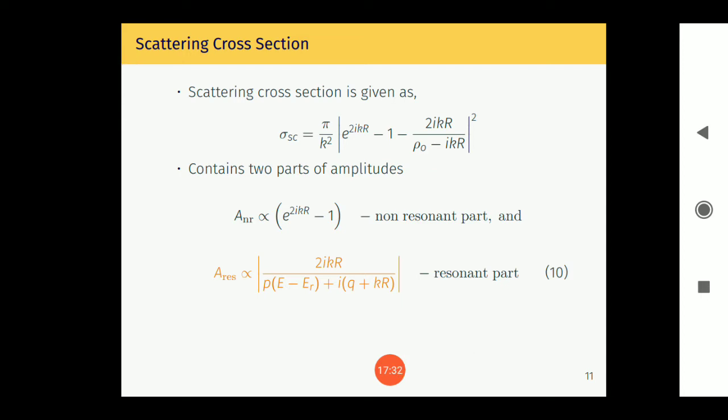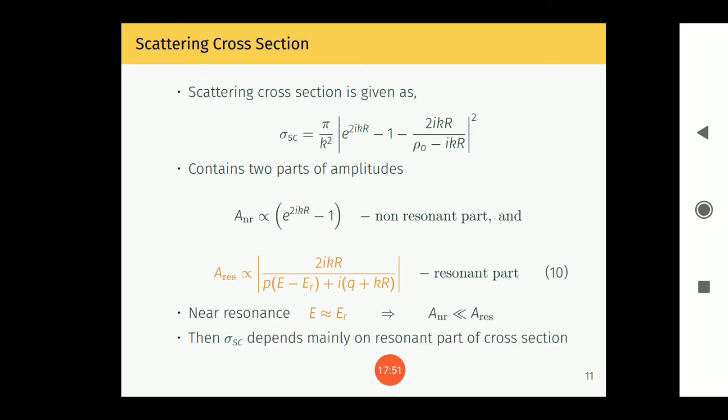What is important is that near resonance, when E equals ER, the resonant amplitude is much greater than the non-resonant amplitude. Therefore, the non-resonant amplitude can be neglected near resonance. In such a case, the scattering cross section depends mainly on the resonant part.